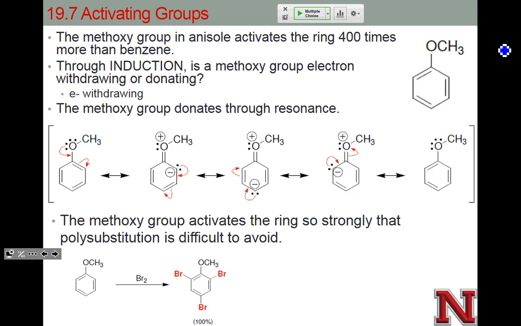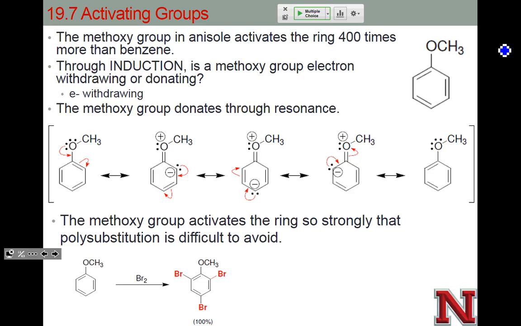But these are still contributing resonance structures with negative charges, and therefore our ring is more nucleophilic, because a carbon with a negative charge is pretty nucleophilic. That's why it's so much faster, because it's not as stable. But this is also going to affect our directing.